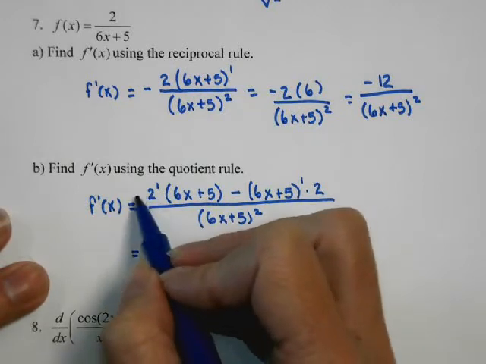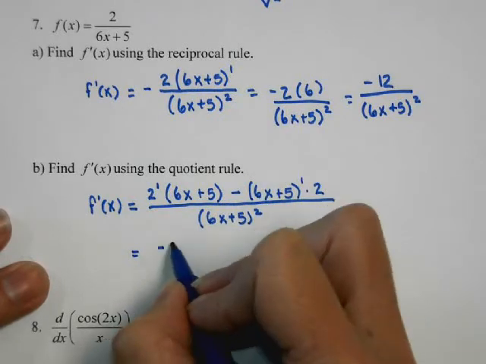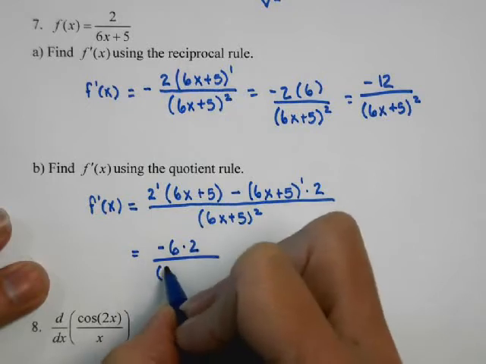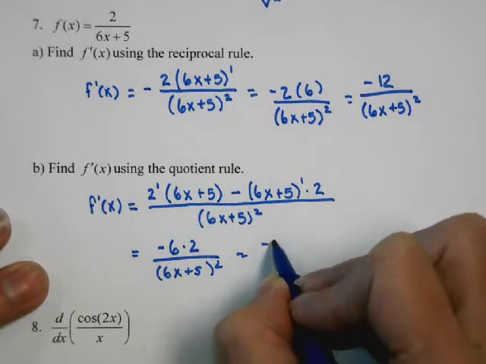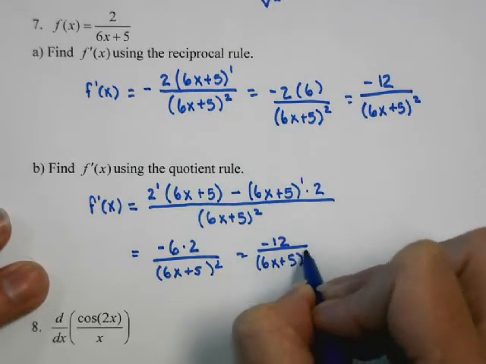Derivative of 2 is 0, so this whole thing goes away. So we're left with the derivative of this times this. So we again end up with negative 12 over (6x plus 5) squared.